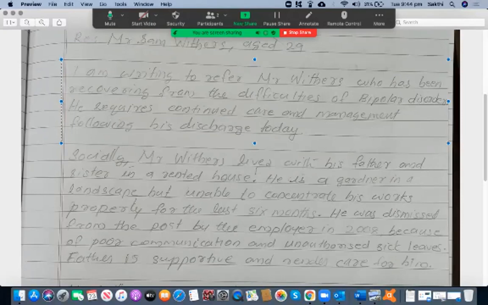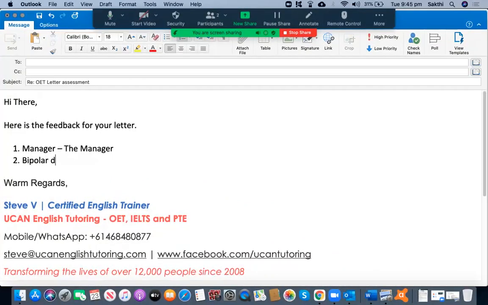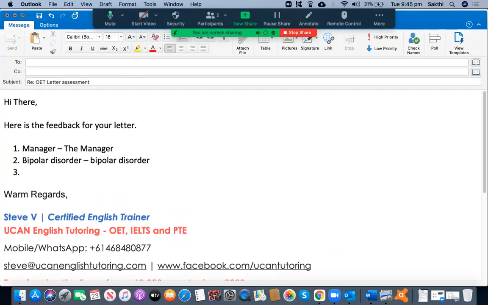You don't need to use capital B here, just small b is sufficient. So instead of writing capital B, bipolar disorder, you can use small bipolar disorder. Small b is enough.